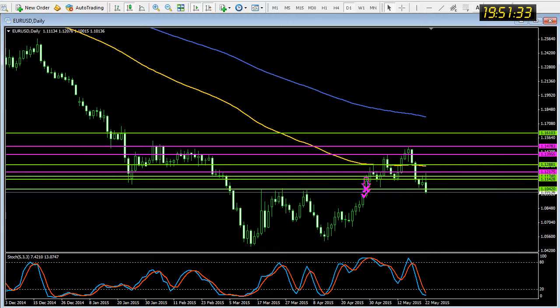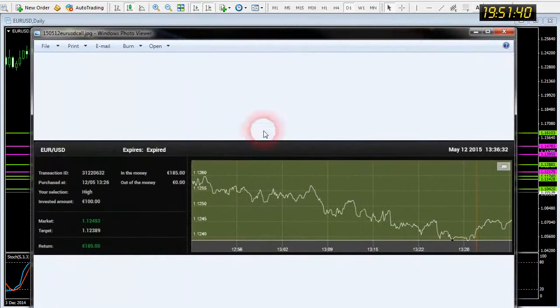Let's see if I have another one to show you. This one is almost half, and you can see my support line was around this level. That's why I entered here when it touched, and I knew that this was the lowest point based on my analysis, and it worked out.